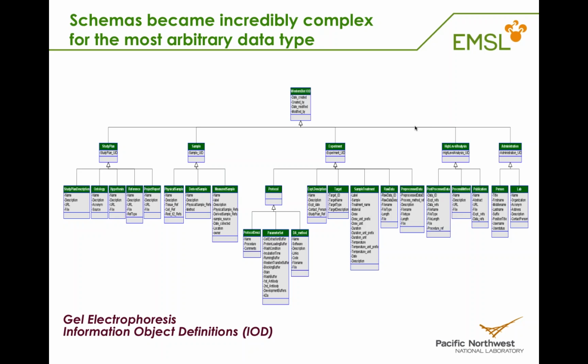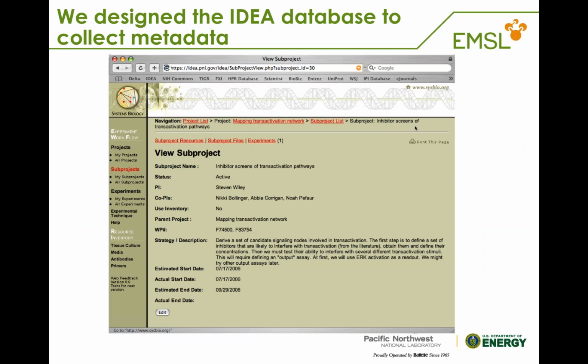To try to attack this particular problem about how much metadata you really need for an experiment, we created a metadata system that we called IDEA. And the idea, not to mimic a pun, was to create a framework to store all the metadata on projects, sub-projects, experiments.